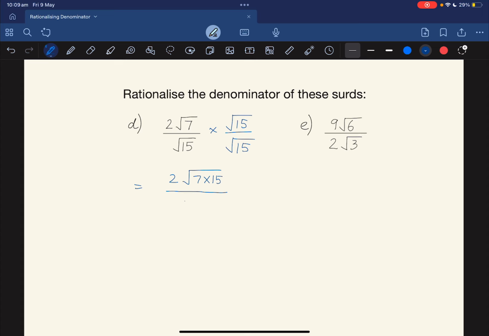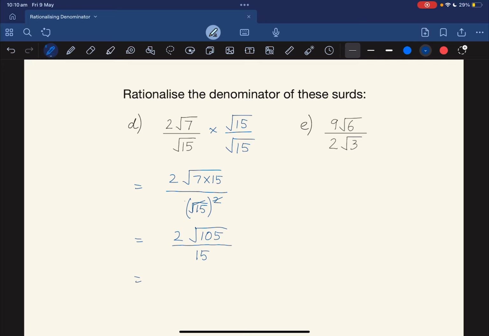And then we've got root 15 times root 15, we know is 15. Actually, I'm going to just write it as that, and we'll just do it quicker in the next step, just when you're getting used to it. Now, 7 times 15, 105, and 15 on the denominator.